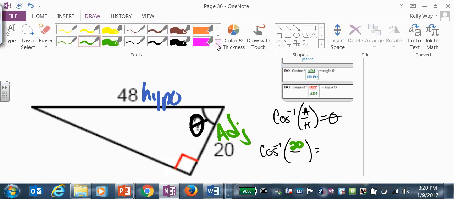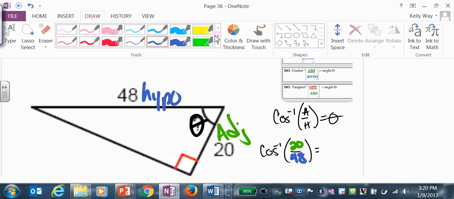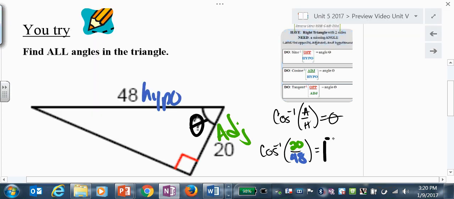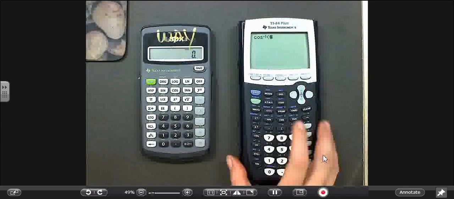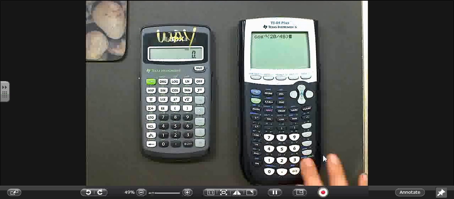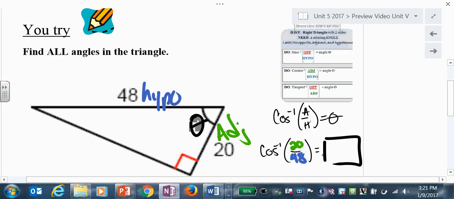My H is 48. That's going to give us our angle right there. Nearest whole degree, that's 65 degrees.